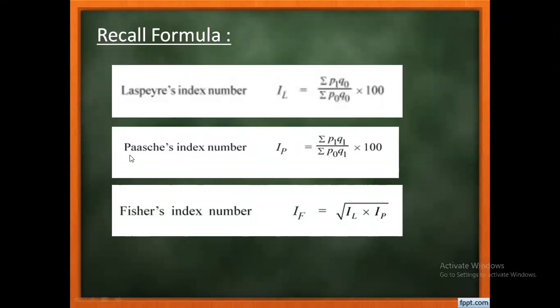Second one, Paasche's index number IP is equal to sigma P1Q1 upon sigma P0Q1 into 100. And third, Fisher's index number IF is equal to root under root IL into IP. So this is what we have seen in our previous video. Now let's see some sums of this formula.